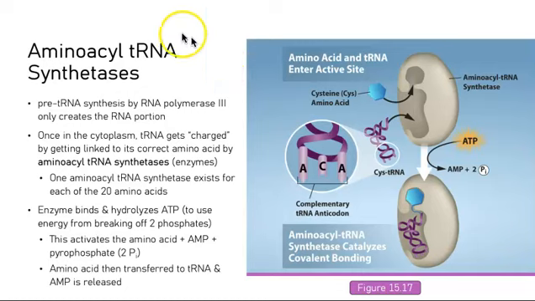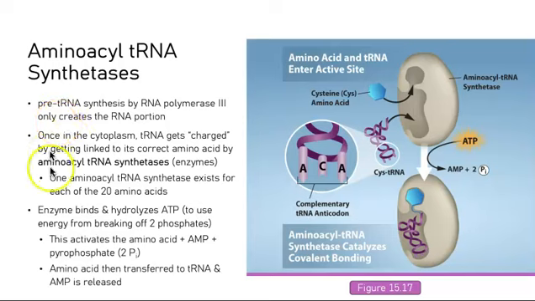Now I mentioned one of the important players here is the amino-acyl tRNA synthetases. And if you notice, that ends with -ase, so we know that this has to be an enzyme. And this is going to help the tRNA get charged when it's in the cytoplasm.